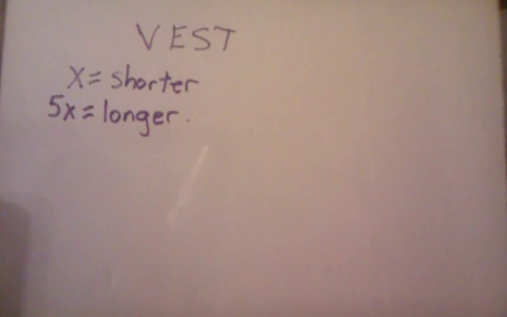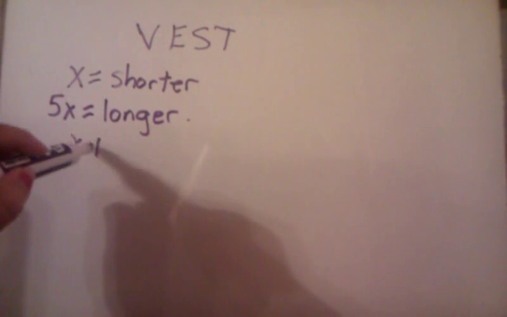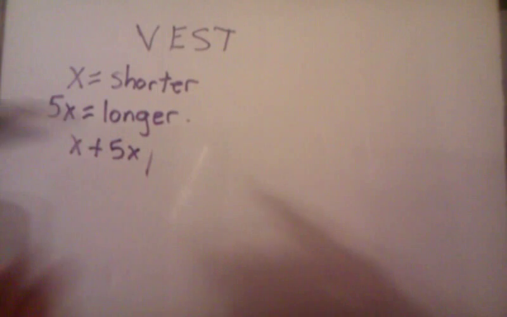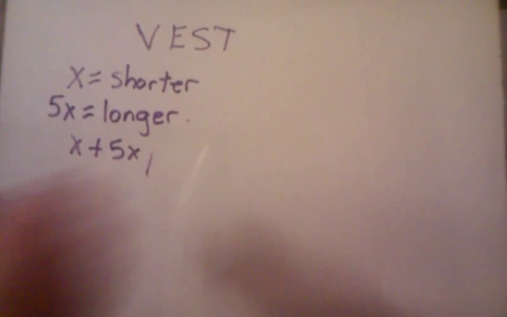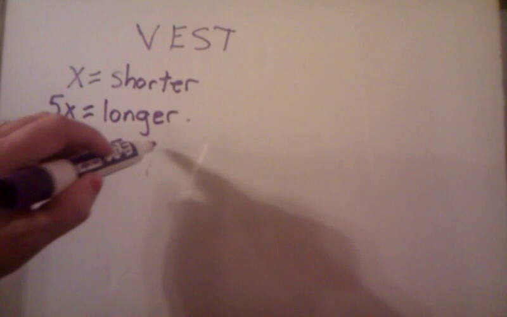So what is my equation going to be? Well, I know that together they equal 60 inches. So I need to add them. Did you know to add them? X plus 5x equals 60.